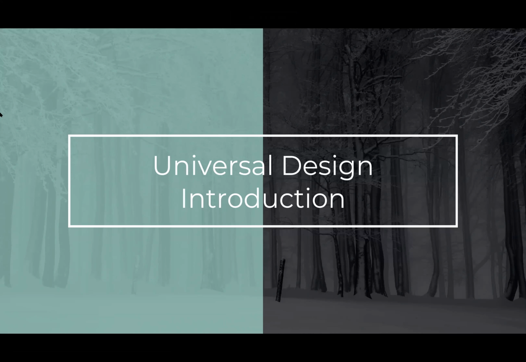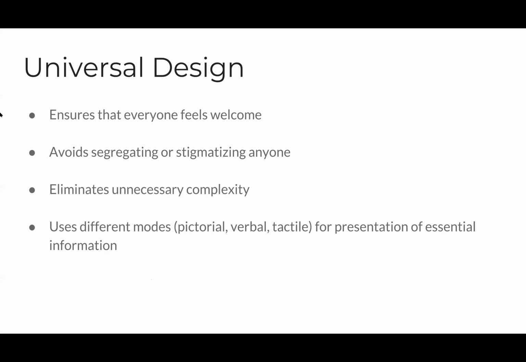I try to make my curriculum as accessible to my students. And to do that, I use universal design principles. So universal design is an approach to making facilities, information, and activities accessible to and usable by everybody.